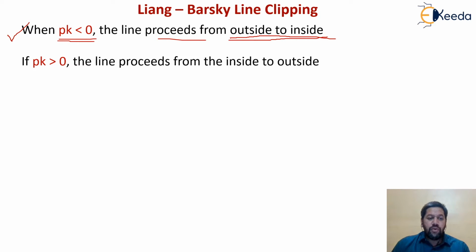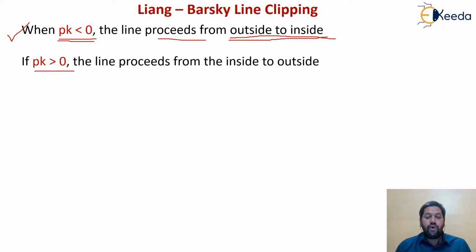Now if pk is greater than 0, see here what is the meaning of k. The k may have the value 1, 2, 3 and 4. So p1 indicates that it is for the left edge, p2 for the right edge, p3 for the bottom edge, and p4 for the top edge.